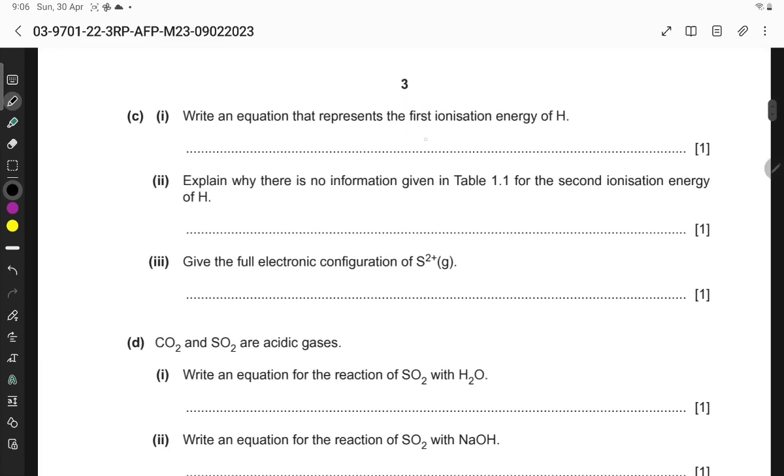Write an equation that represents the first ionization energy of hydrogen. One electron is removed from 1 mole of gaseous atoms to form 1 mole of gaseous ions.